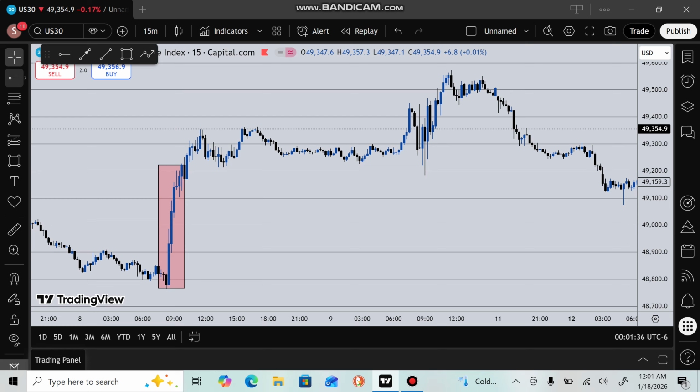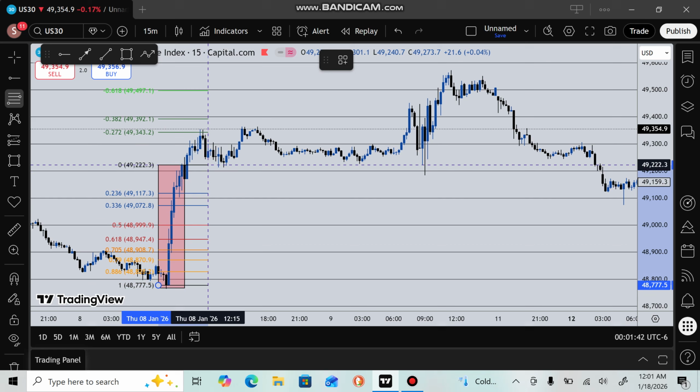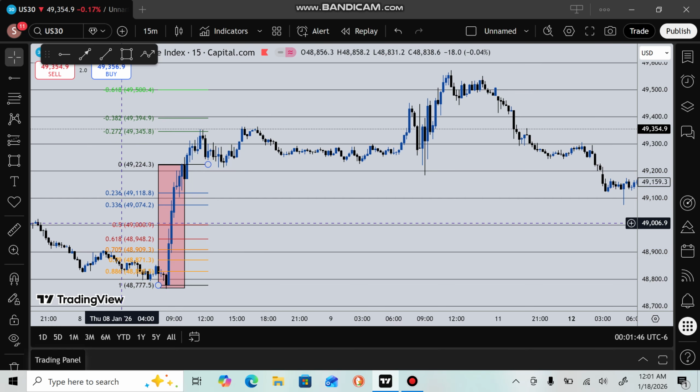So what you do is you take your Fibonacci tool. You go from the start of the imbalance to the end of the imbalance, and then it's going to give you these numbers on the left side of the screen. Those are your areas. So 0 means 0, 236 is the 236 zone, 336 is 336, and 0.5 is 50%.